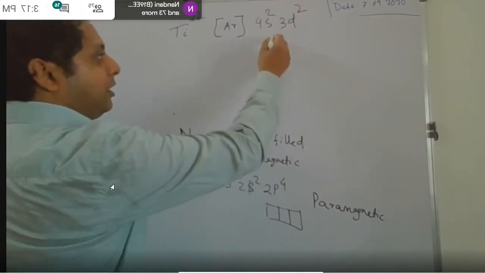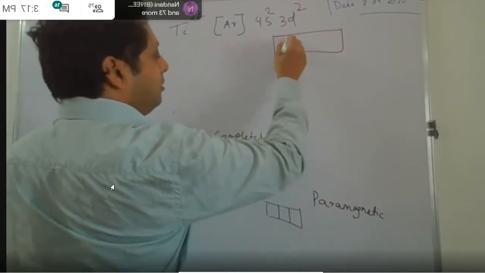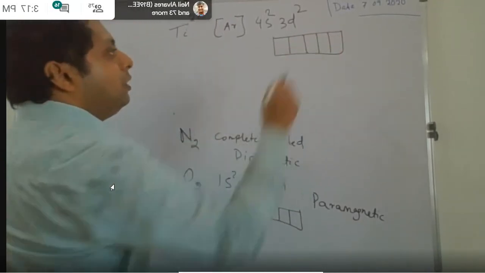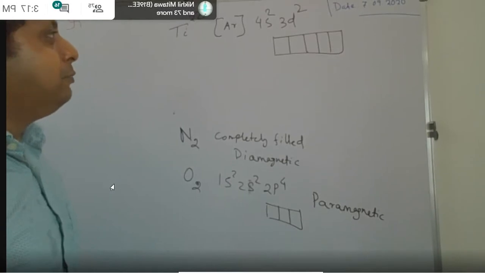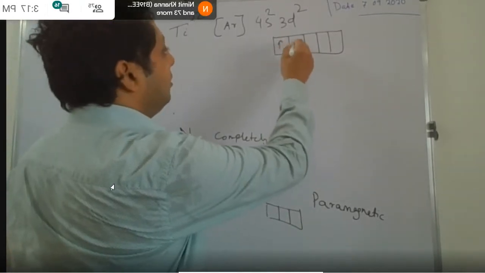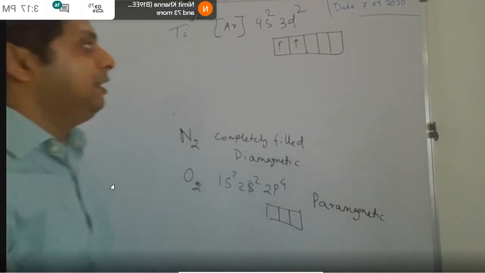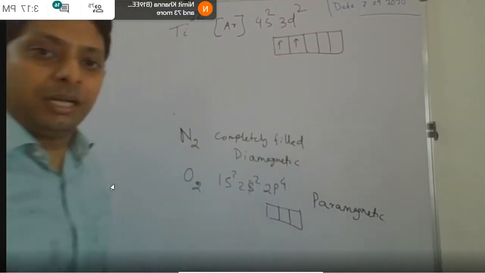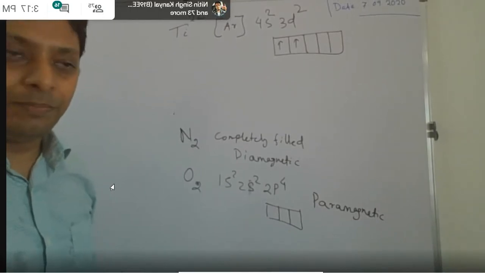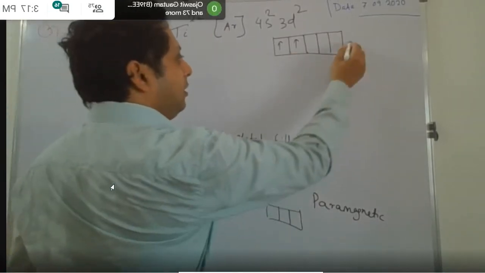Now if you look at the 3d orbital, you have 5 d subshells, and basically 2 are filled and the rest are empty. So here the d orbital is not completely full, which means it will be paramagnetic.